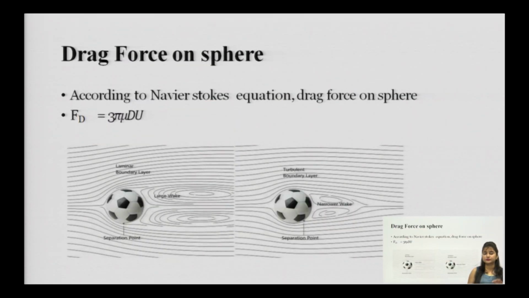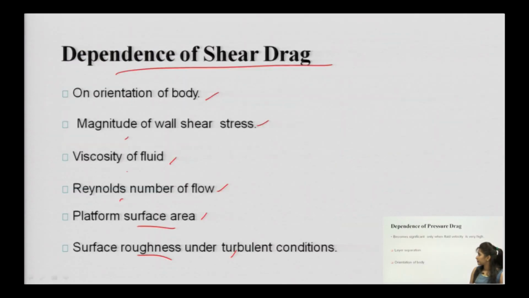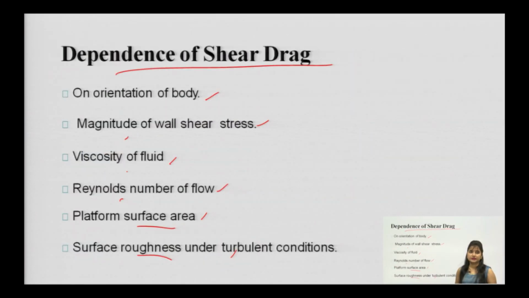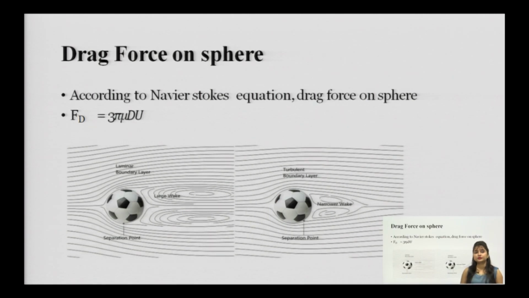Drag force, this was about the drag which we were discussing in general. One formula we have covered for calculating pressure drag and form drag, or skin friction and form drag. Now, coming to the drag force acting on spherical particles.